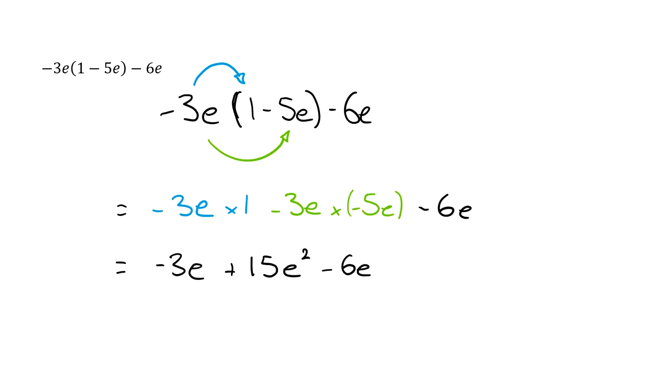So remember e and e squared, we consider them different. So we're looking for like terms. So we're looking for where the e's are. And I'm just going to draw a squiggly line underneath our like terms. So we can combine those and we get negative 3e take away 6e. So we end up with negative 9e plus 15e squared.